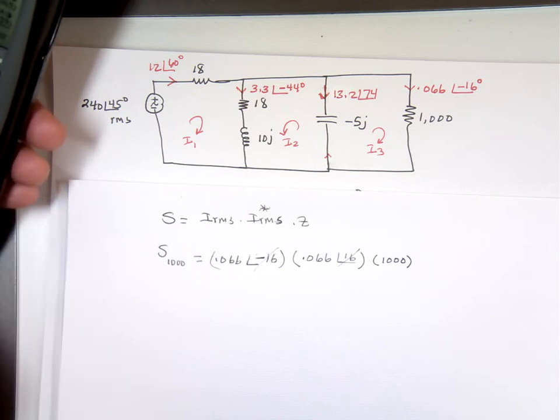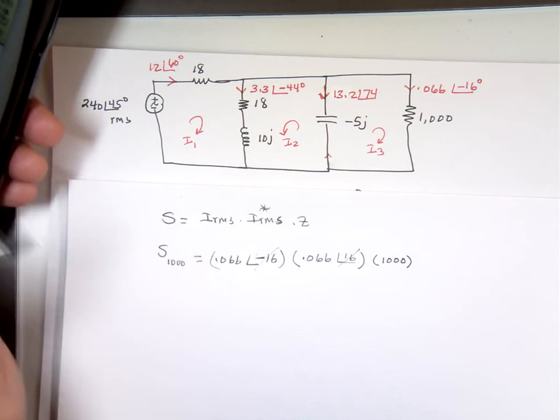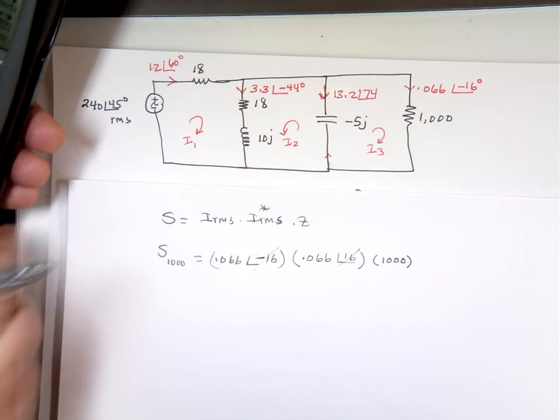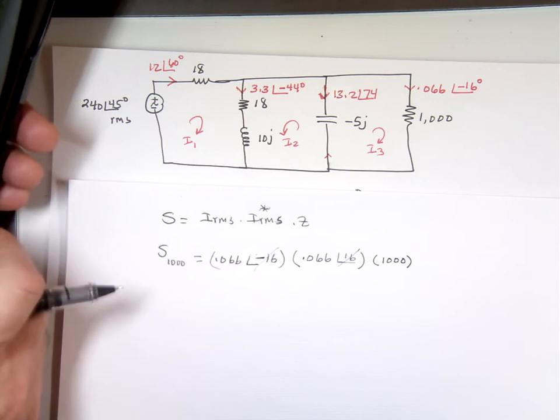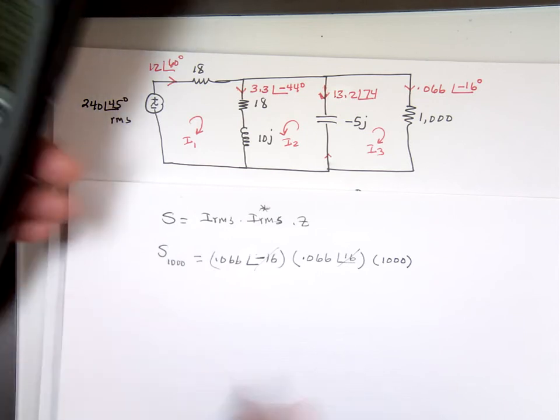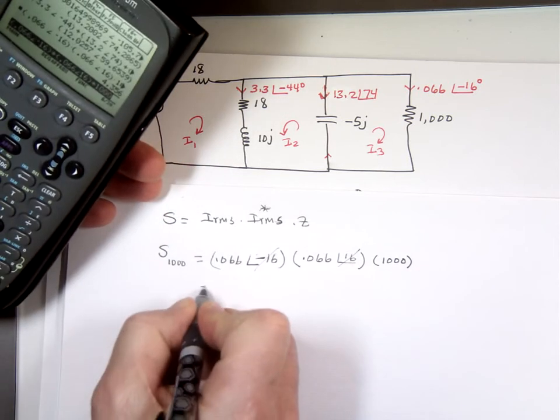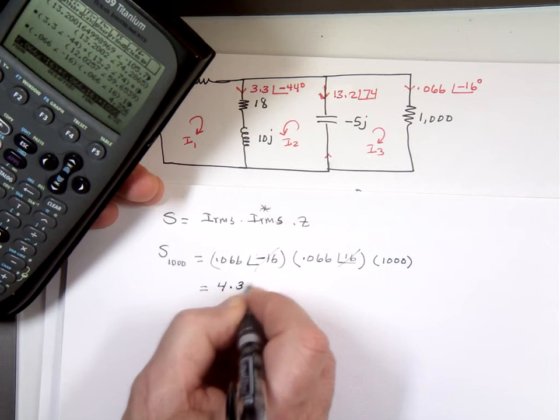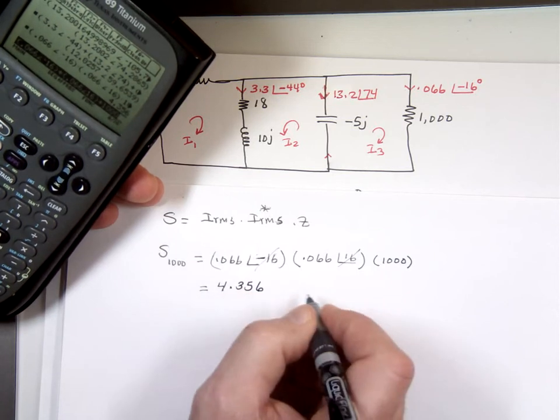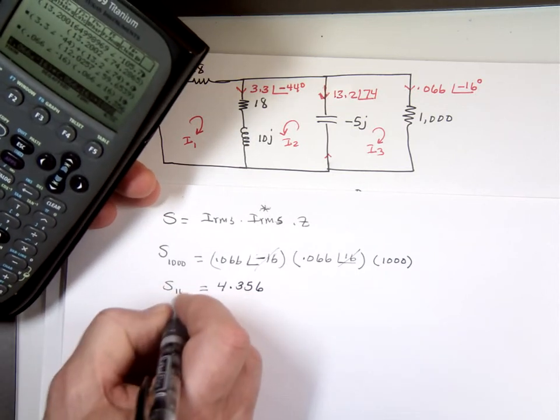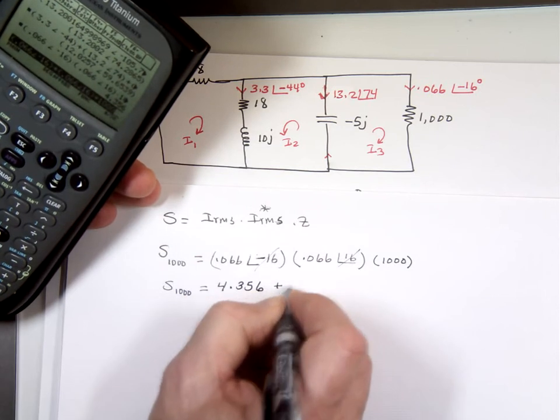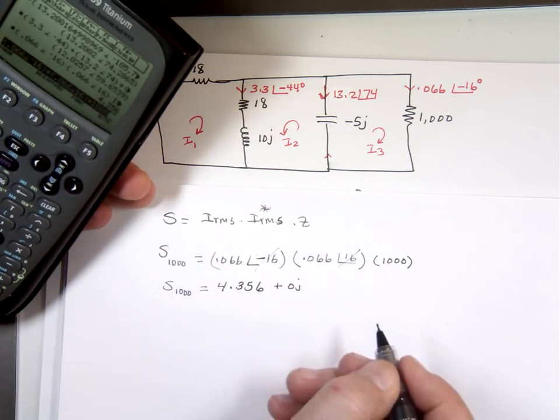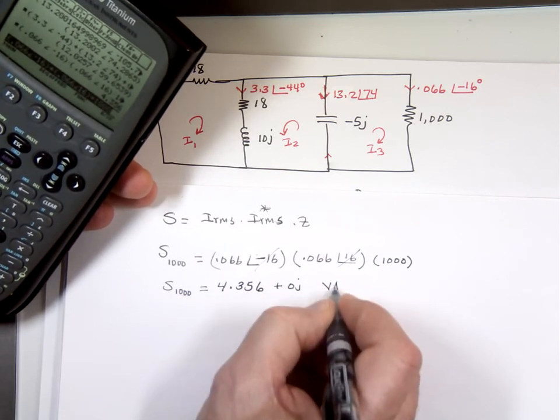Positive 16 times the 1,000. And you end up with complex power that has only a real portion. It's a resistor. It does not have any reactive portion. Plus 0J. No imaginary. And again, the units for complex power, VA.